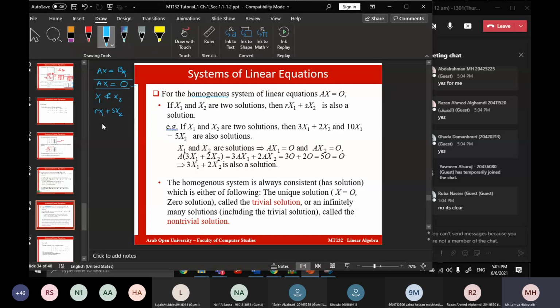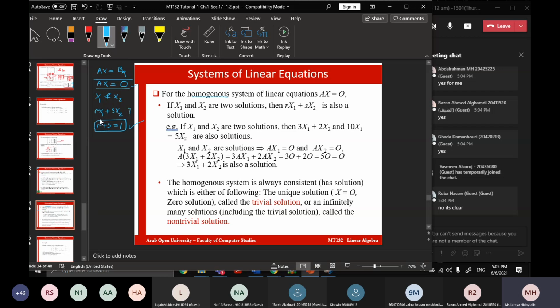But is it necessary that R plus S should equal 1 or no? Of course if R plus S equals 1, it is surely a solution one million percent. But what if it is not equal to 1? Let's take it and check.